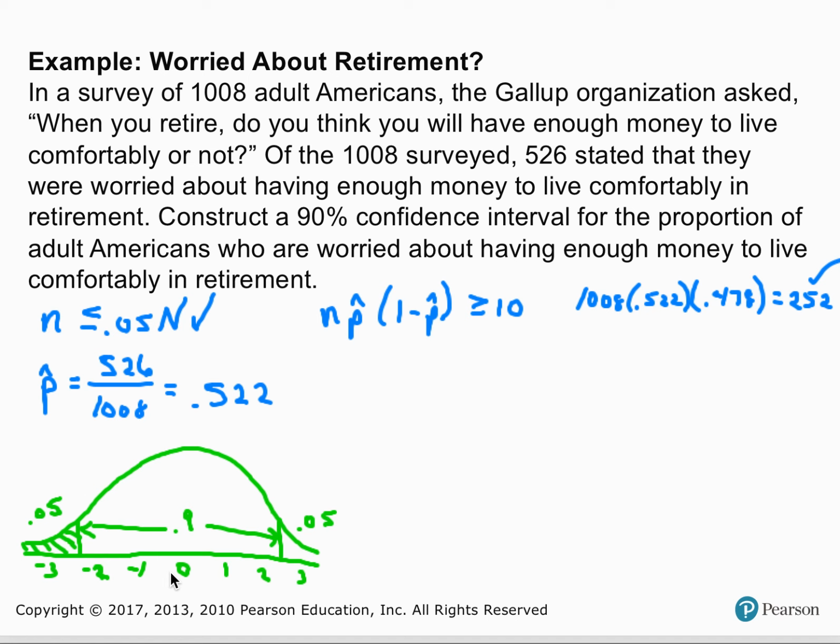Right in the body of the table. Okay, and -1.64 is 0.0505.